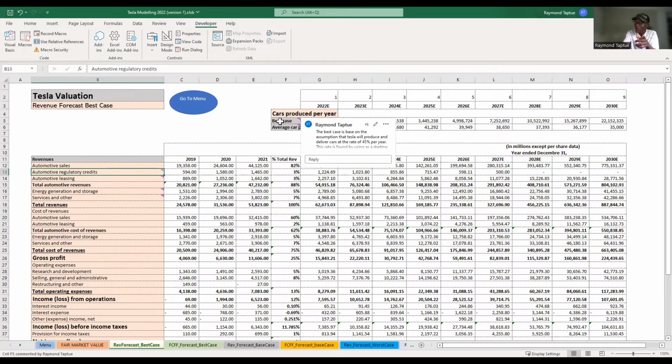So for the first variable, I will assume that a 45% growth rate is going to be the one that gives us the quantity that they will produce per year of about 22 million in 2030.